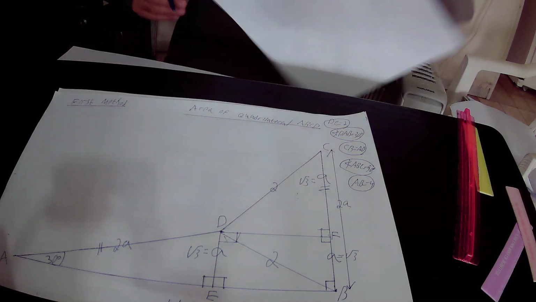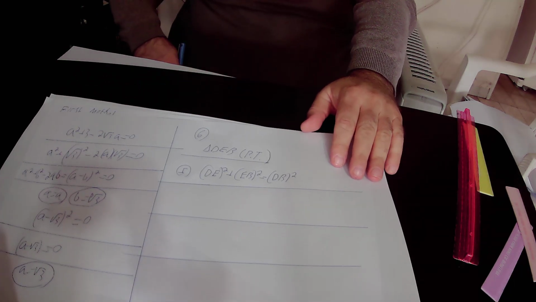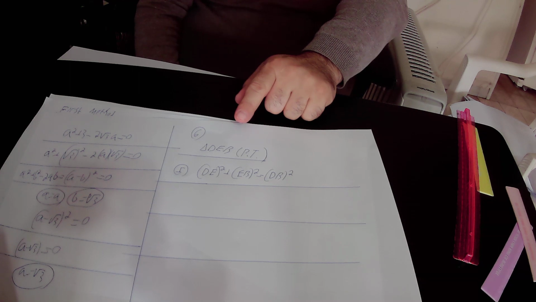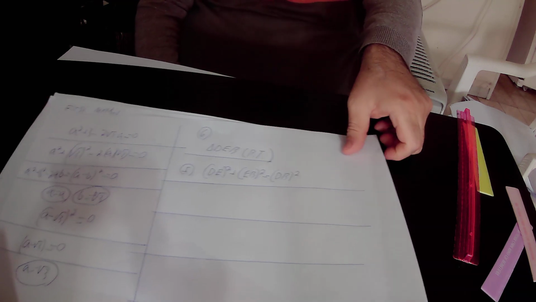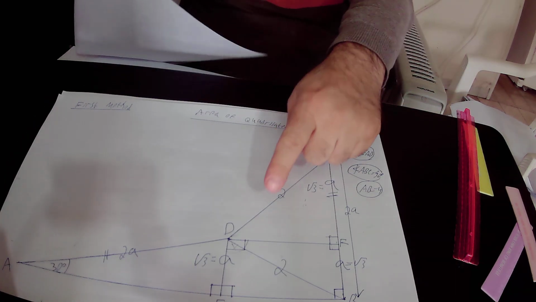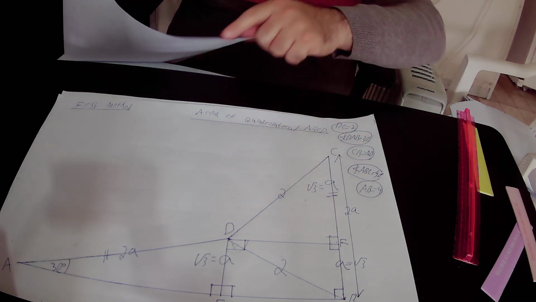I will repeat again, according to equation number 1, in the right triangle, triangle DEB, the square of the hypotenuse equals to the sum of the squares of the perpendiculars, that is to say, DE square plus EB square equals to DB square. We found out that DE equals to A that equals to square root of 3.